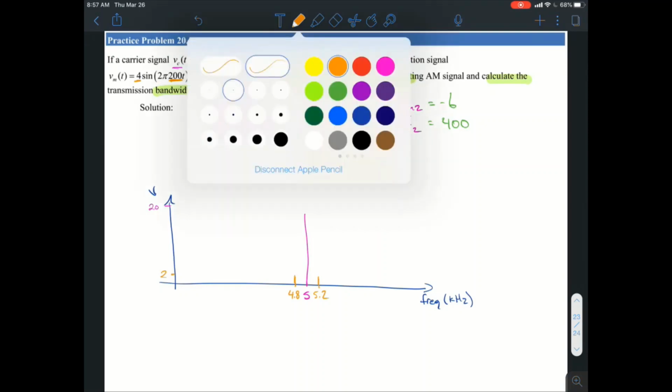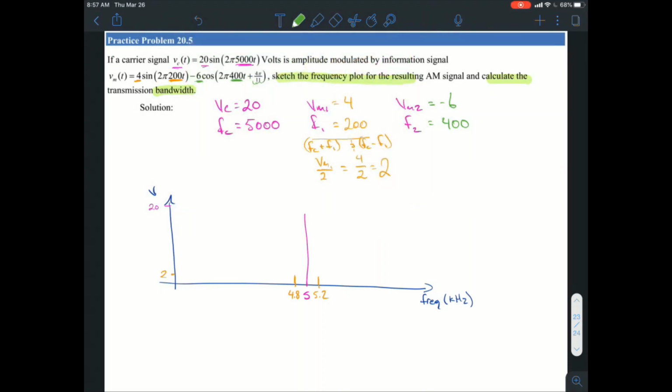Then we need to do this same process for our second component, and we have F sub C plus F sub 2, and that's going to be 5.4, and F sub C minus F sub 2, and that'll be 4.6, and then we have our V sub M 2 over 2, and that equals negative 6 over 2. But remember, when we're plotting these, we're only doing the magnitude, so we'll take the absolute value of that, and that becomes 3.